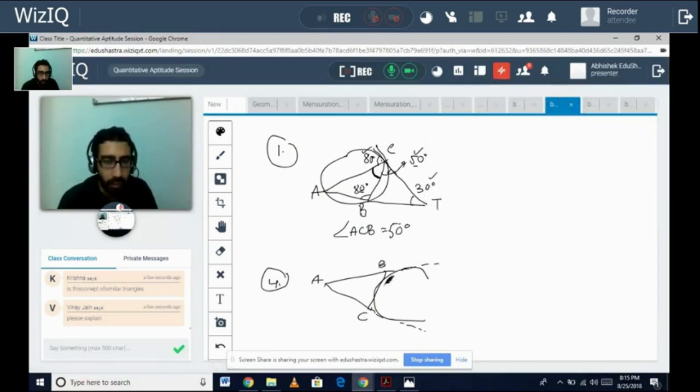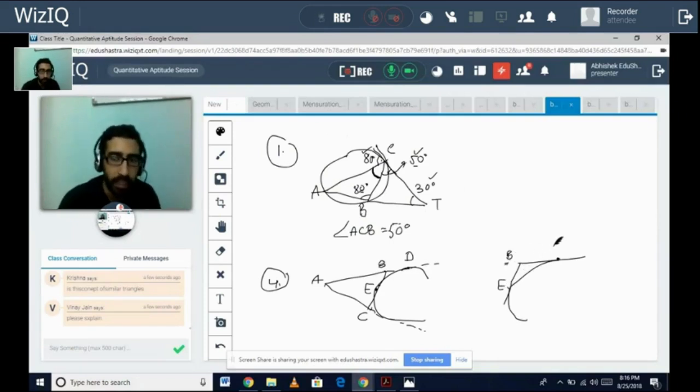Now, what does that mean? Let me call the point where the circle touches BC, E. Now have a look at B, D, and E. This is B, this is point D, and this is point E. For the circle, aren't BD and BE tangents from the same external point B?